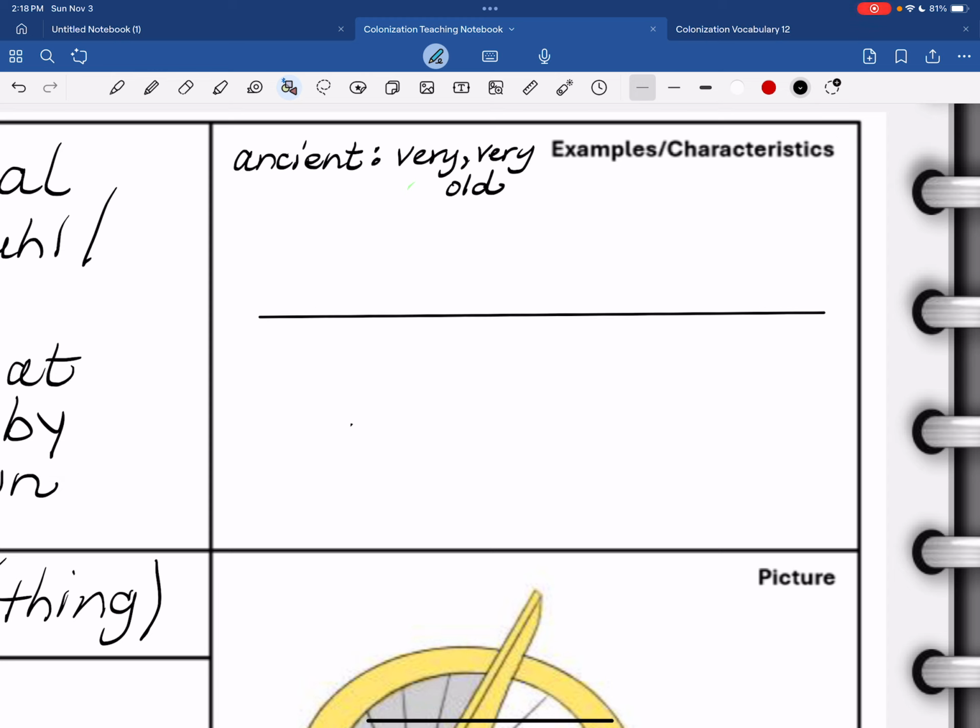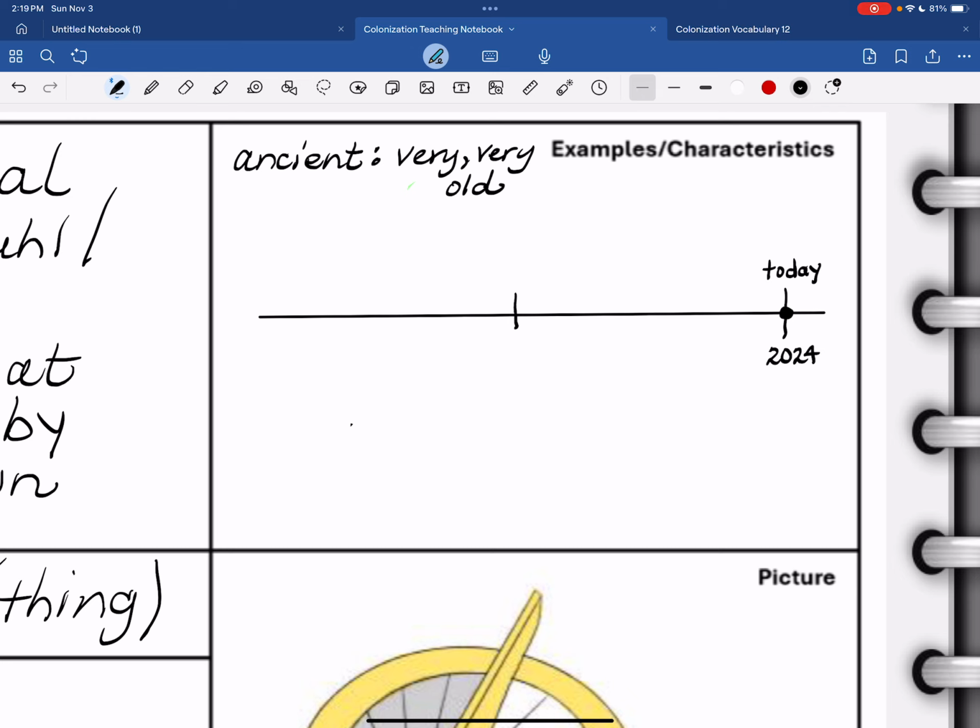So we're going to look at a sequence line. We've talked about the word sequence, so this is a form of sequence. Today, I'm going to put a dot right here. This is November 3rd of 2024. So this is now, today.